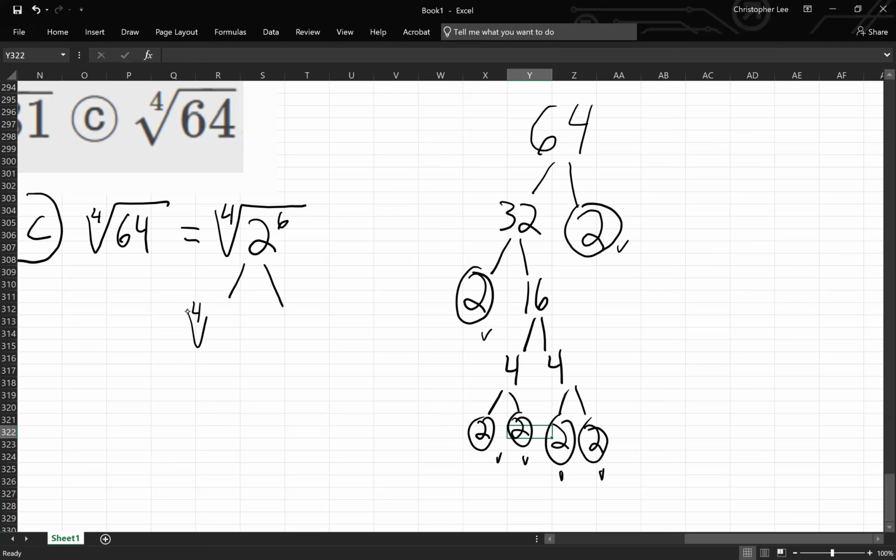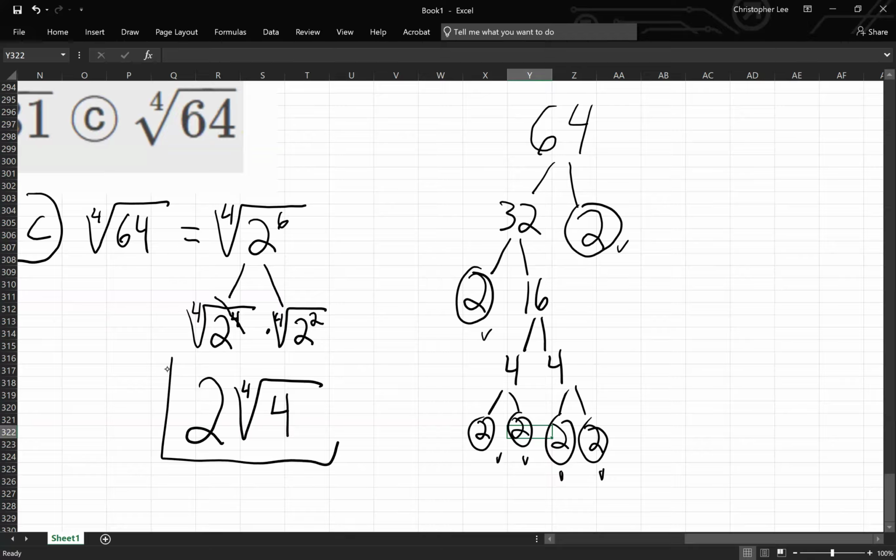Because this is the fourth root, I'm going to bring 4 of the 2's to the left. And the remaining 2's will be in another fourth root to the right. So that's just 2 to the 2, and 4 plus 2 is 6. The fourth root and the fourth power will cancel out, leaving big 2 with the fourth root of 2 to the second, which is 4. This is your answer.